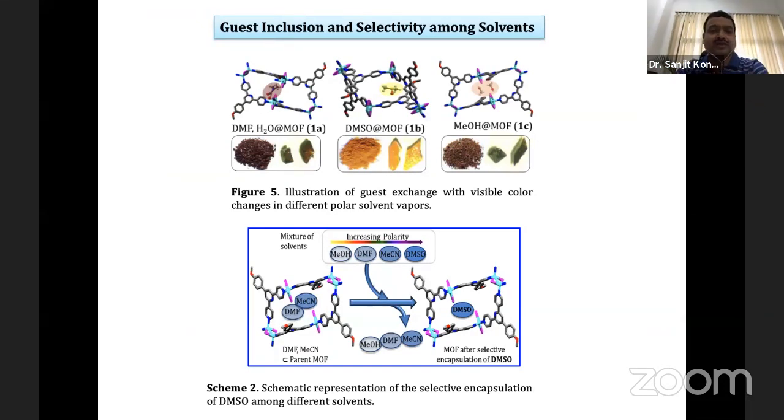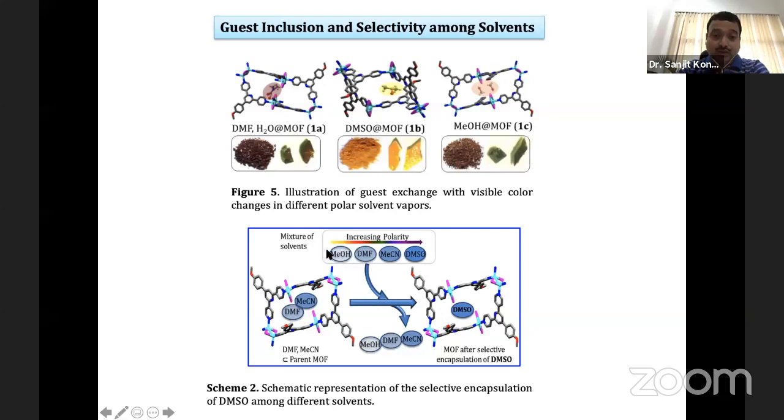Say you give me a mixture of DMF, methanol, acetonitrile and DMSO, what will happen? The wonderful thing we have observed is that our molecule takes exclusively the solvent which has the highest polarity.